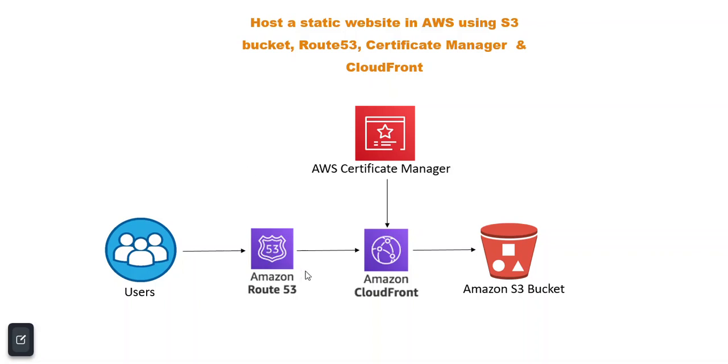So the endpoint will be redirected to Amazon CloudFront to serve our global audience, which will help to reduce latency and of course give a better user experience to our customers, assuming this is an enterprise application, right? And because we issued a certificate using ACM, we're able to use SSL and access our website over HTTPS instead of HTTP. All right. So lastly, CloudFront will reach out to the Amazon S3 bucket to serve users with the content.